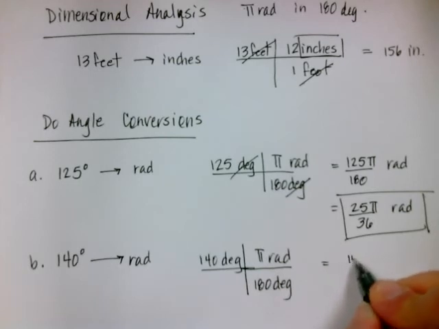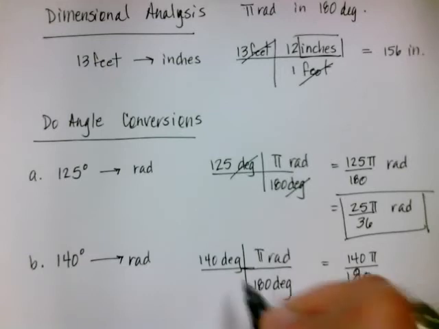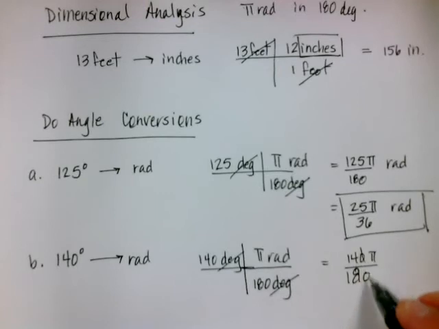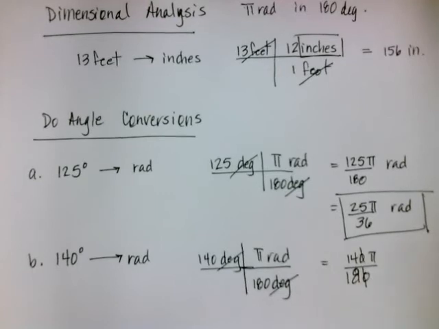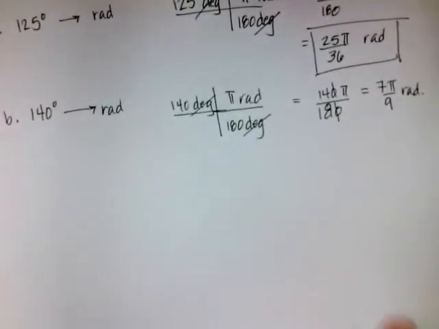So that's going to be 140 pi divided by 180. My degrees cancel. If I math frac that, I know right off the bat that the zeros go away. If I reduce it, I end up with 7 pi over 9 radians. And I usually just abbreviate radians as RAD.